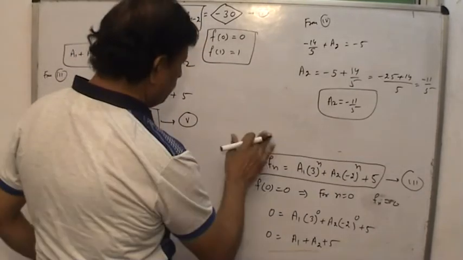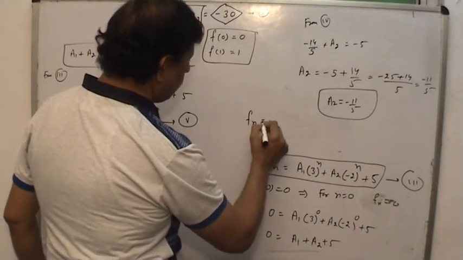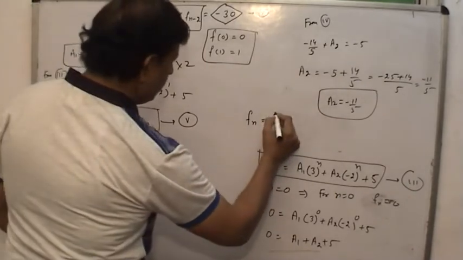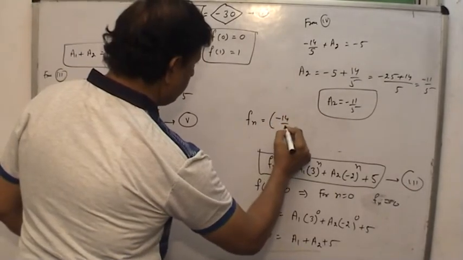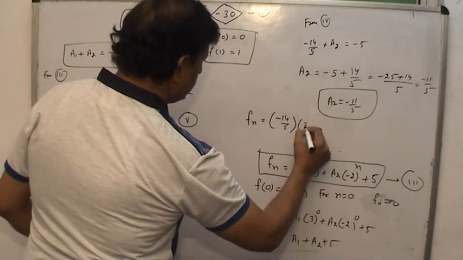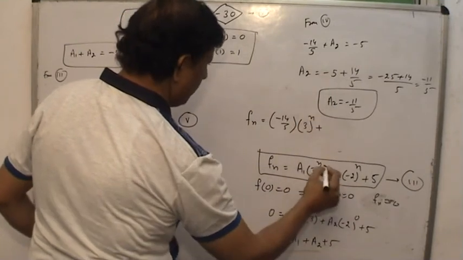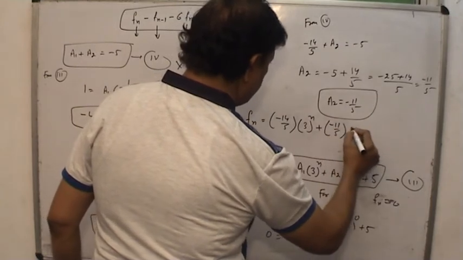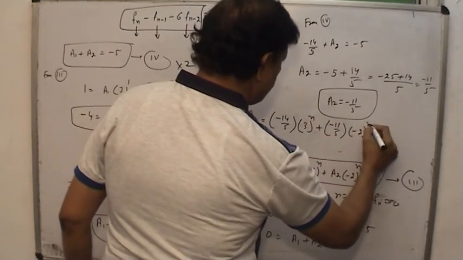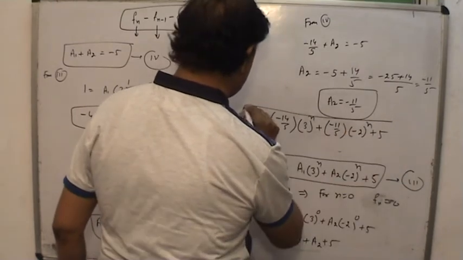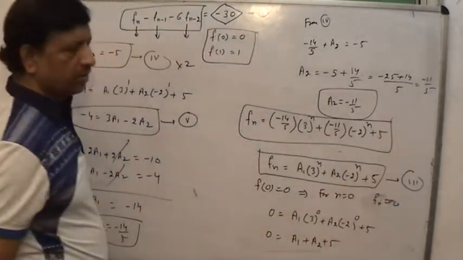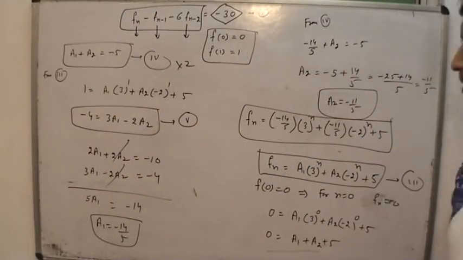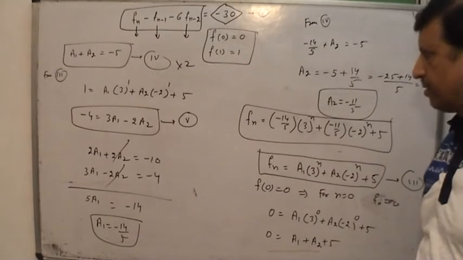Therefore, the final solution for the non-homogeneous recurrence relation becomes Fn equals minus 14 upon 5 into 3 raised to the power n plus minus 11 upon 5 into minus 2 raised to the power n plus 5, and that was the particular solution. This is the final solution for a non-homogeneous recurrence relation containing the constant term.